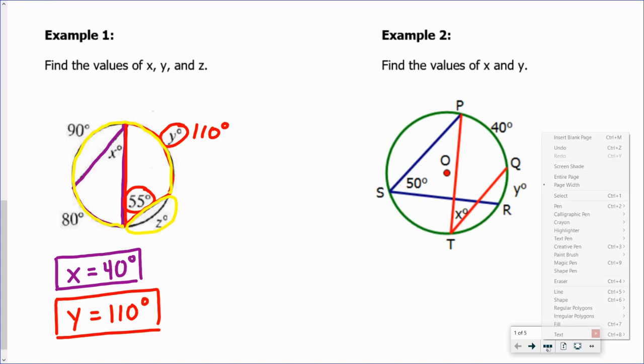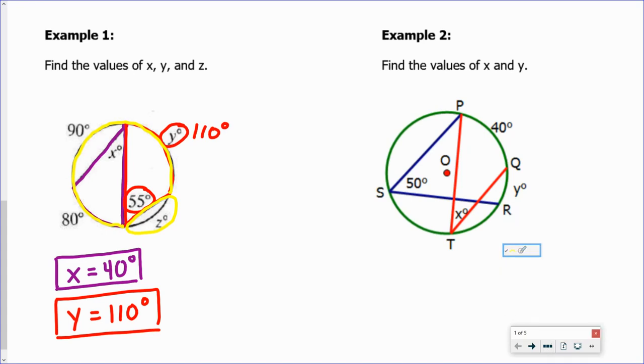So to find the measure of arc z, we're going to add up 110, 90, and 80, and then subtract that from 360. That should give us z equaling 80 degrees.